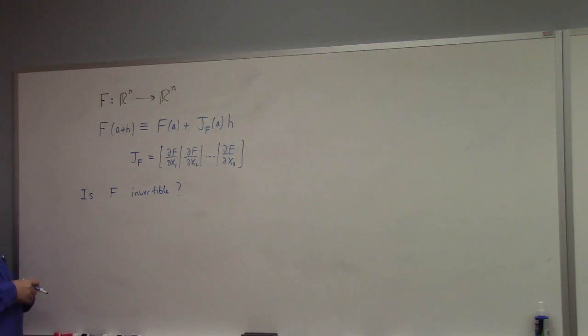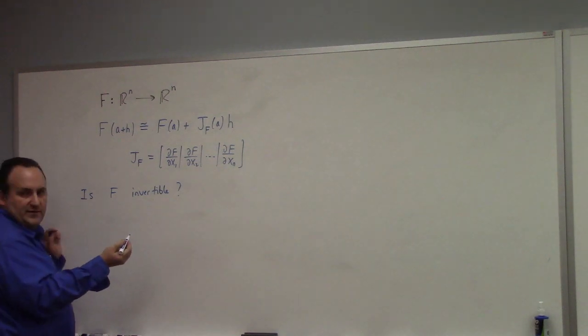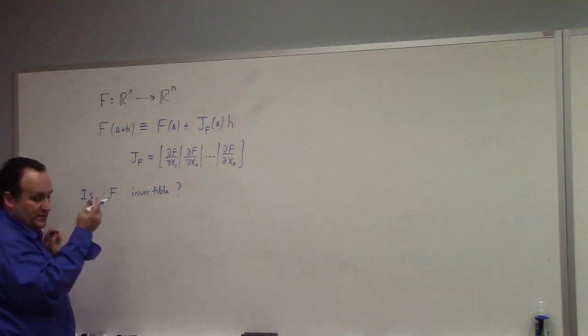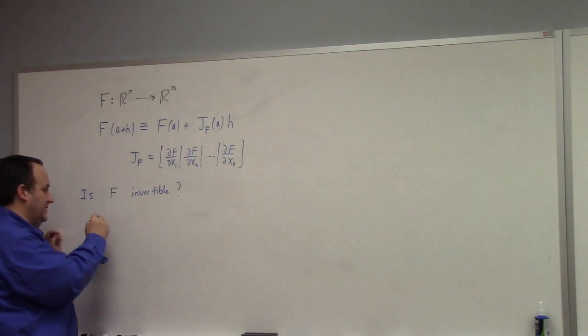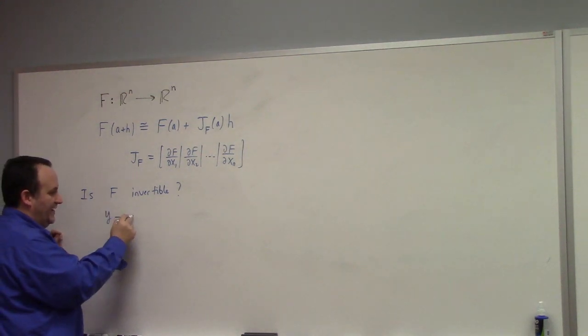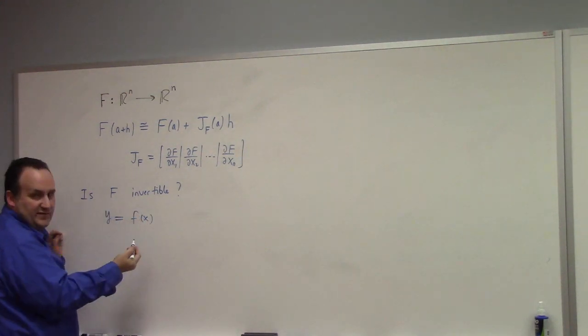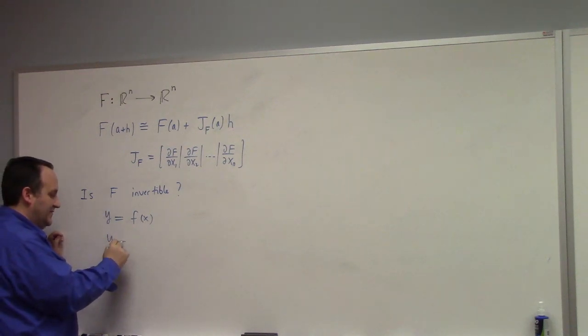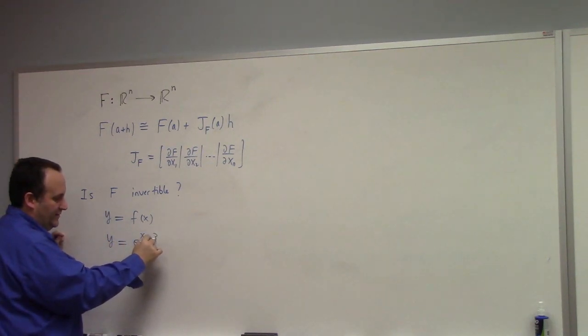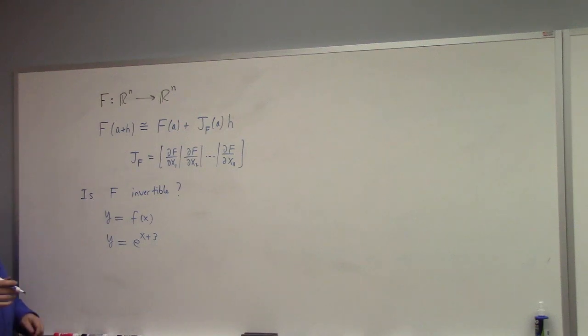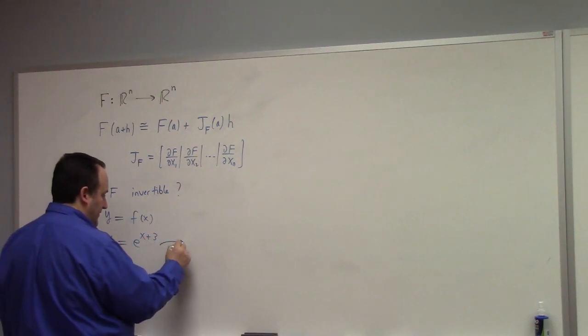Have you ever thought about this in one variable? How do you find the inverse? I've got y equals f of x, and I'm going to try to find the inverse function. For example, y equals e to the x plus 3. Basically we solve for x.